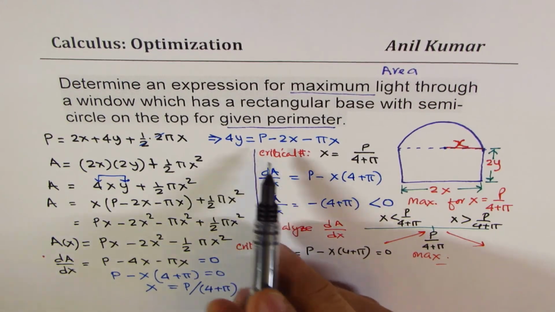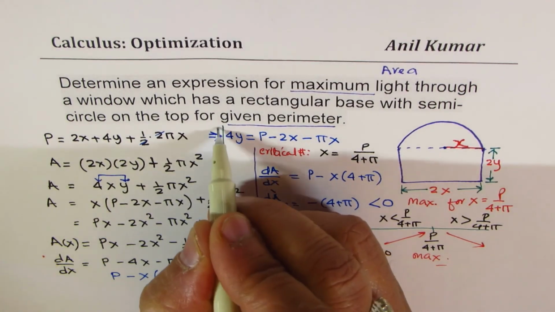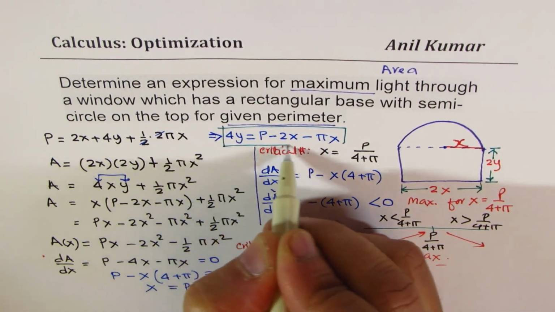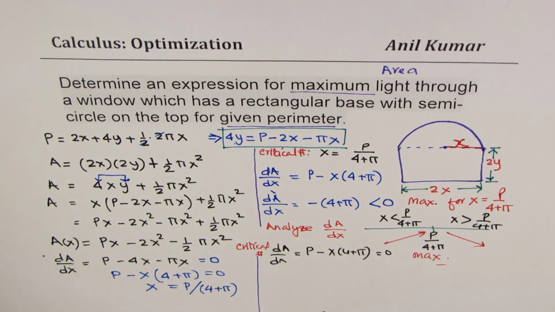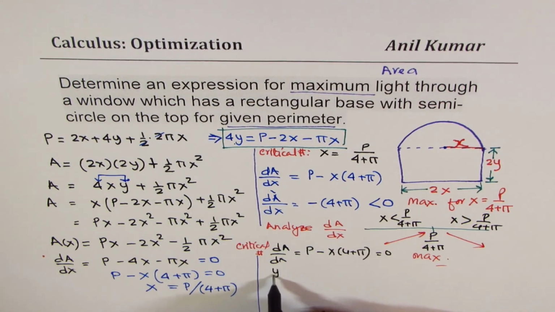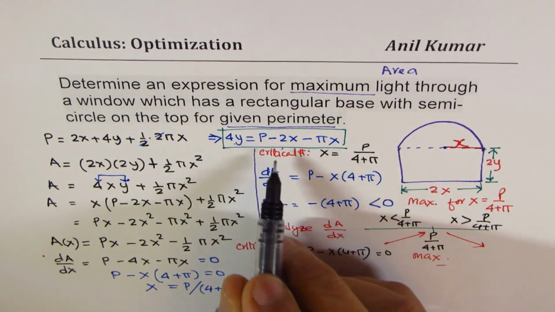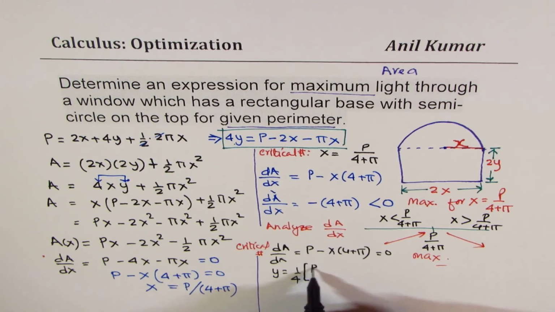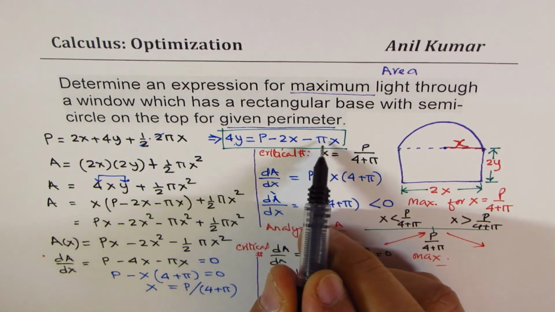We can find what y is from this given expression. So let's calculate y from the expression which is right there. Let me circle this. So y will be equal to 1/4 of, this is 4y, 1/4 of perimeter p minus 2x minus pi x.